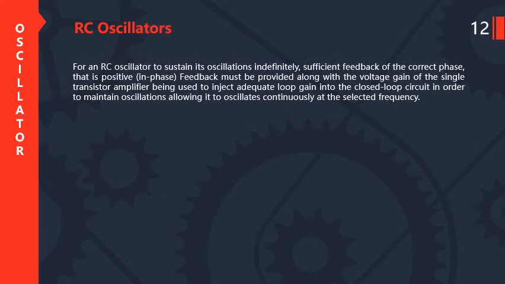For an RC oscillator to sustain its oscillation indefinitely, sufficient feedback of the correct phase, that is positive feedback, must be provided along with the voltage gain of the single transistor amplifier being used to inject adequate loop gain into the closed loop circuit in order to maintain oscillation, allowing it to oscillate continuously at the selected frequency.